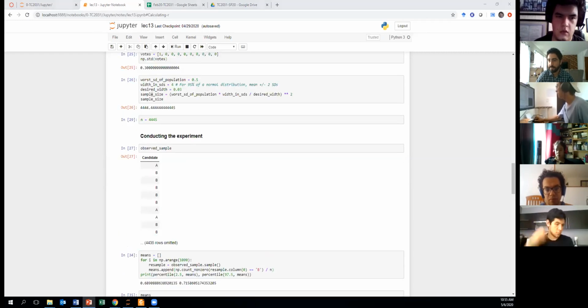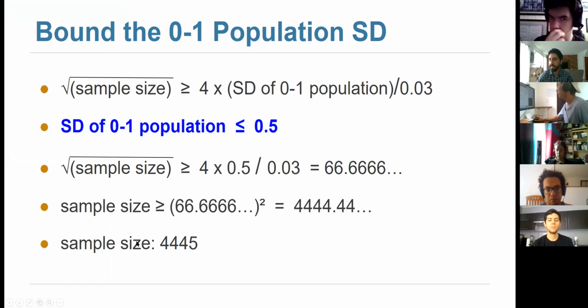If I go back to that equation, in this particular example my population is bounded by 0 and 1. I have just 0 and 1 in my population, so I can calculate this because I know for sure the standard deviation of a 0, 1 population never goes beyond 0.5.